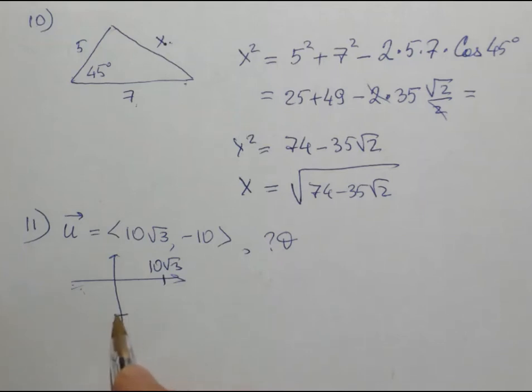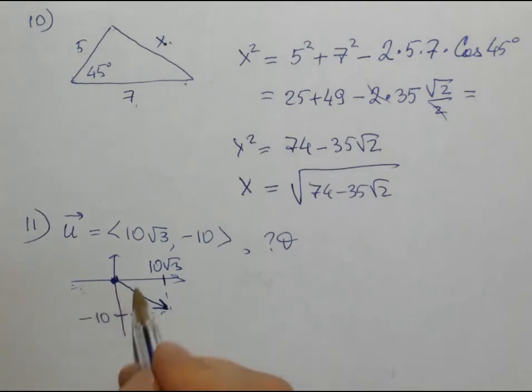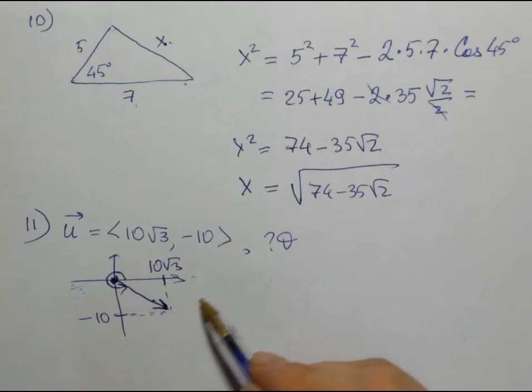The y component is negative 10. So the end point of this vector, the terminal point, will be here. In the standard position, the vector starts from the origin. So, we want to find the angle theta, this positive angle from the x-axis to the vector.